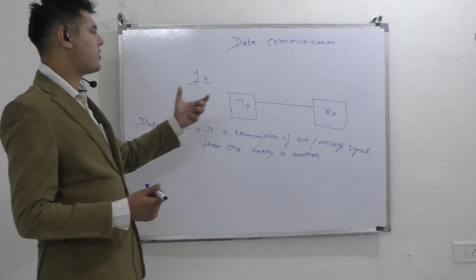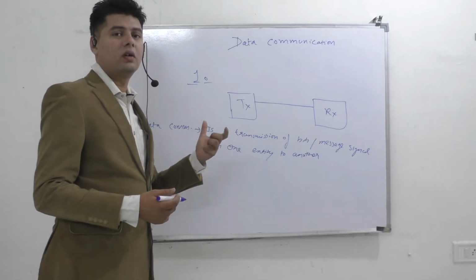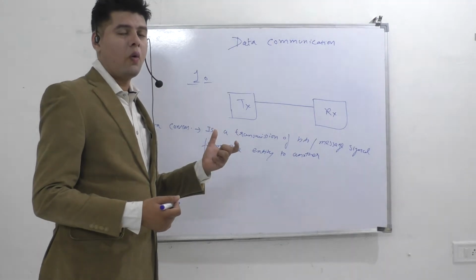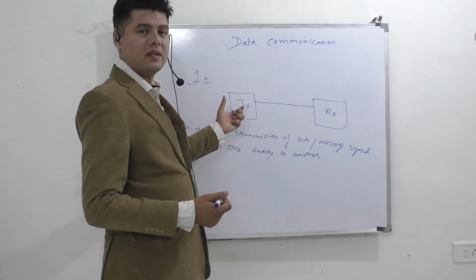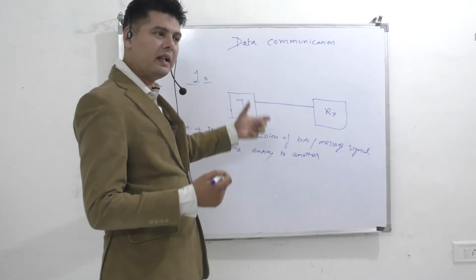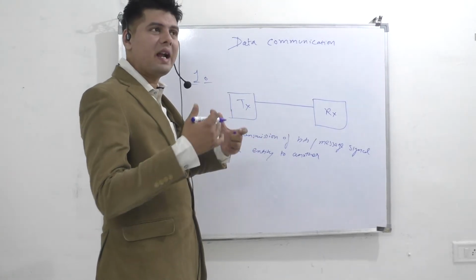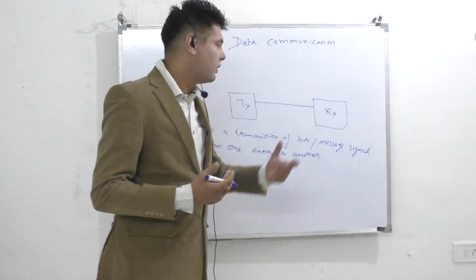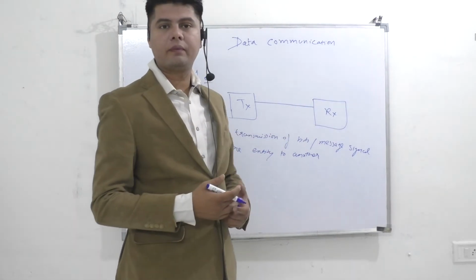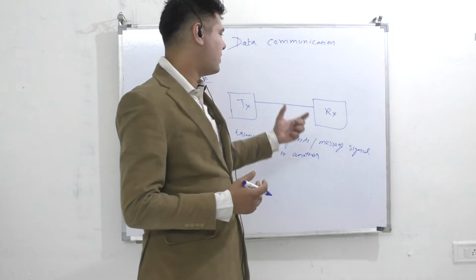So this is a general block diagram of a communicating system where there is one transmitting node which is sending the data, the message signal, some useful information, to the receiver while using some physical media.